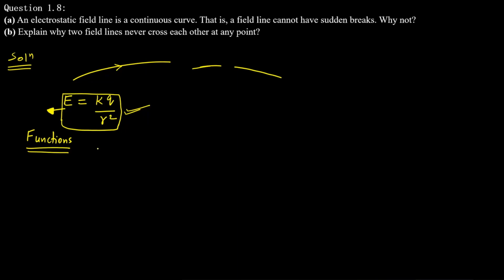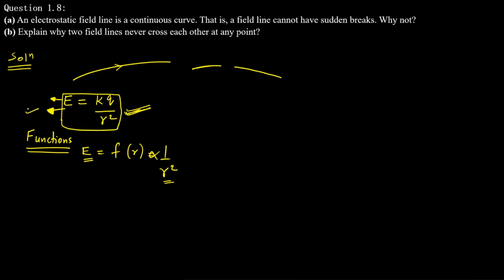Continuous. Okay, let me answer. First, the electric field intensity is given by a one function. Second, the electric field is a function of distance, that is 1 upon r square, which shows the electric field lines must be continuous, so there should not be any break in that. Right?